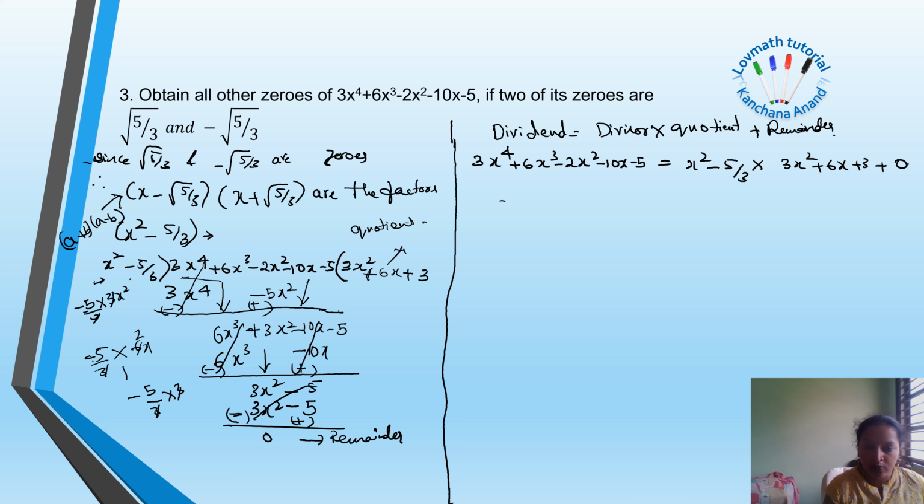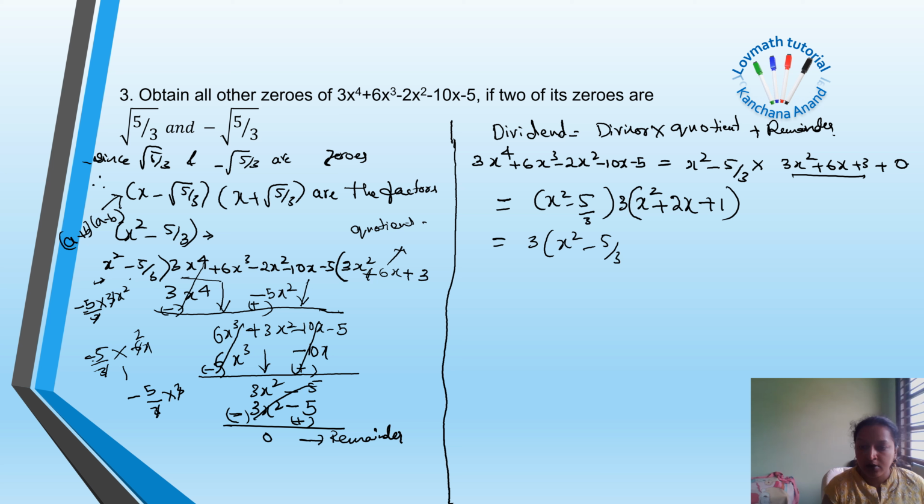And now we'll write x^2 - 5/3 as it is, and in this part let us take 3 as common. That means the remainder is x^2 + 2x + 1. Here please observe carefully.